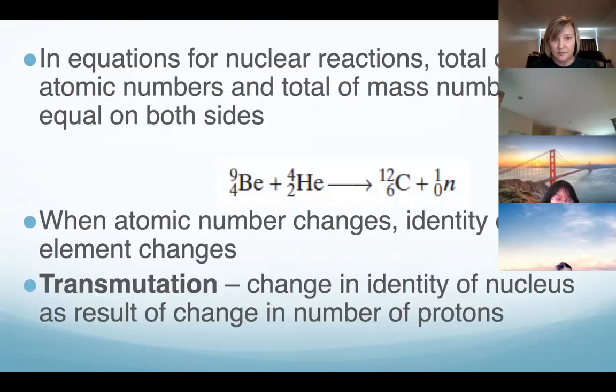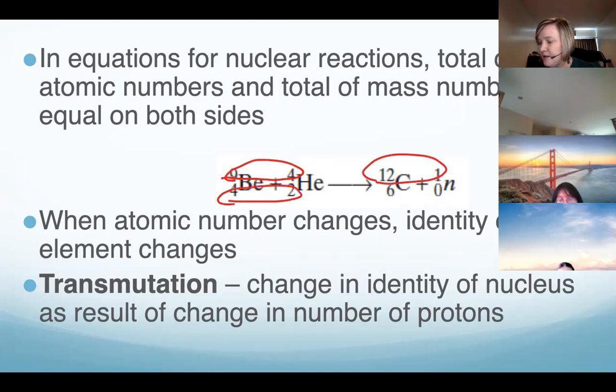So here's an example, and this is an alpha particle here. When we have a nuclear reaction, it follows the same rules as a chemical reaction or even a redox reaction. Everything on the left-hand side has to equal everything on the right-hand side. So you have to make sure that all of the masses add up here and down here as well.